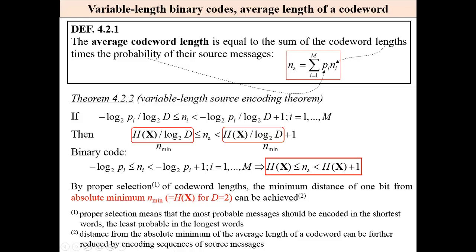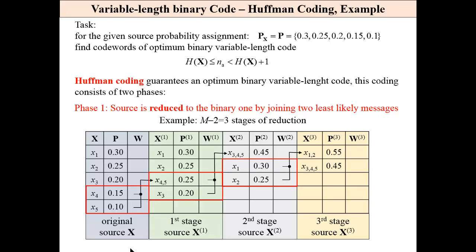The distance from this minimum can be further reduced by encoding sequences of source messages, by encoding the L-th extension of the source, and this subject will be discussed later on.